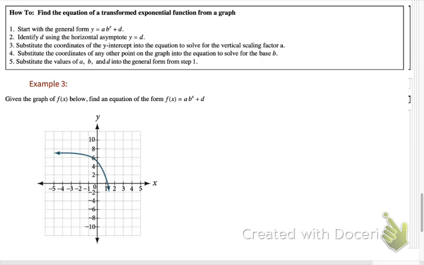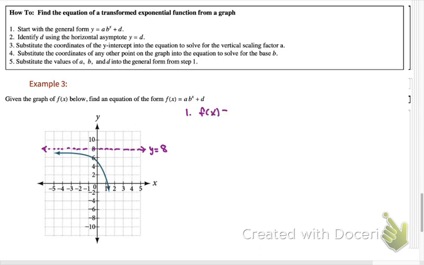Okay, so if you look, as we move to the left on the graph, we can see that the y coordinates are approaching the value of 8 as x goes to negative infinity. And let's go back to step 1.